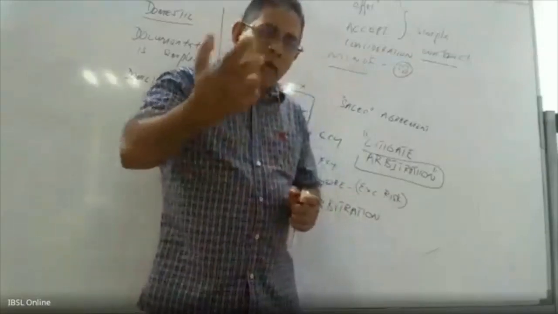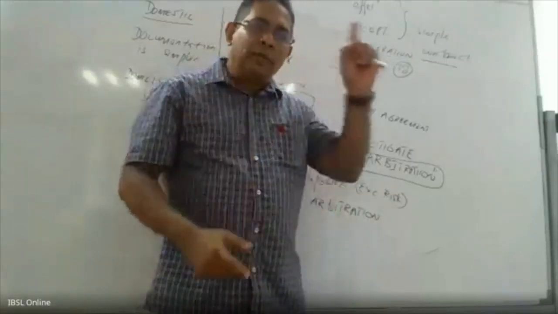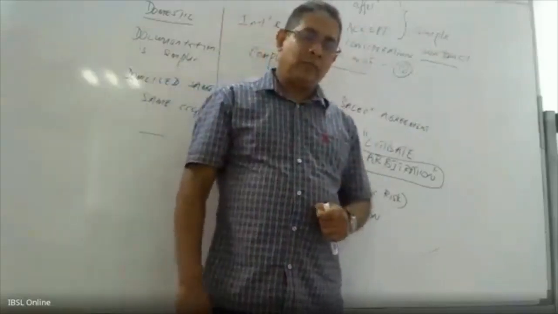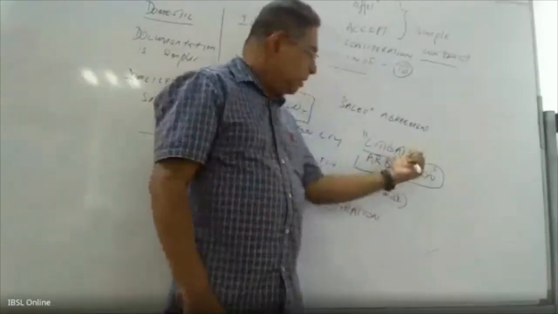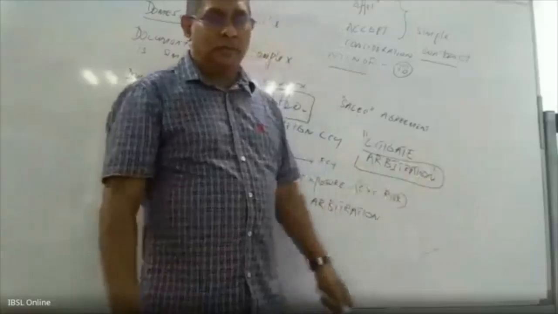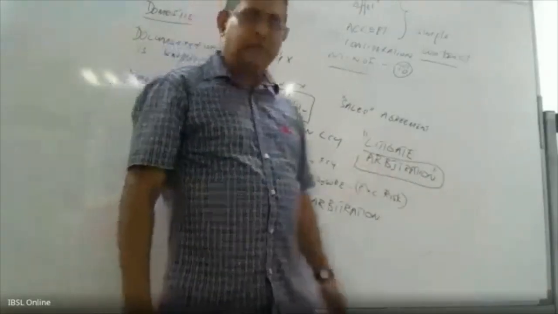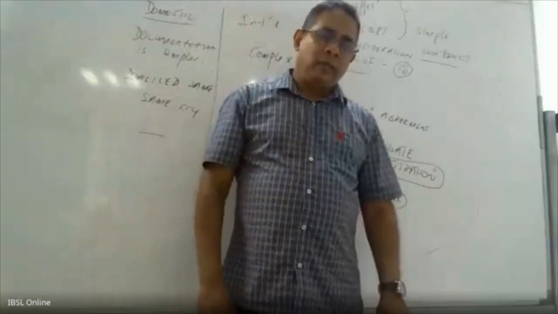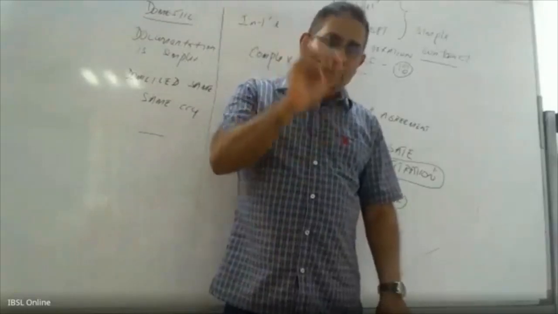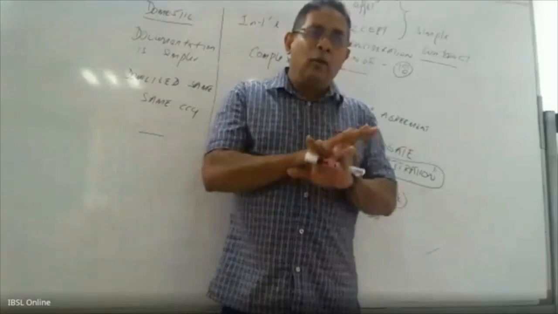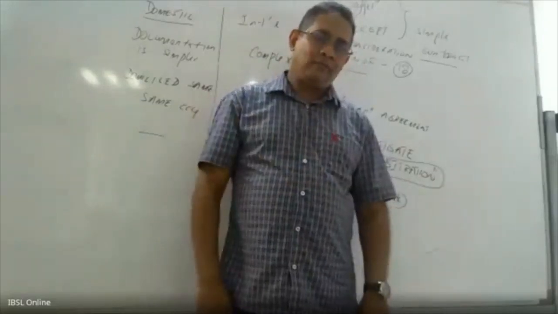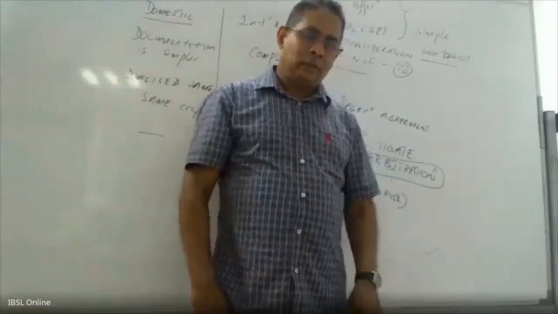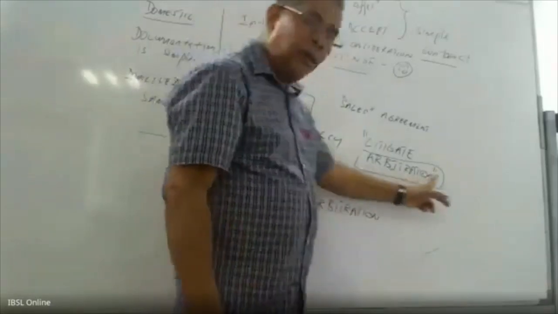You and I both will select who the arbitrator is. In the case of litigation, you don't know who the judge is. In this case, we can select a neutral person, like a neutral umpire, and his verdict will be final. There's no trial, no appeals. That is what we call arbitration.